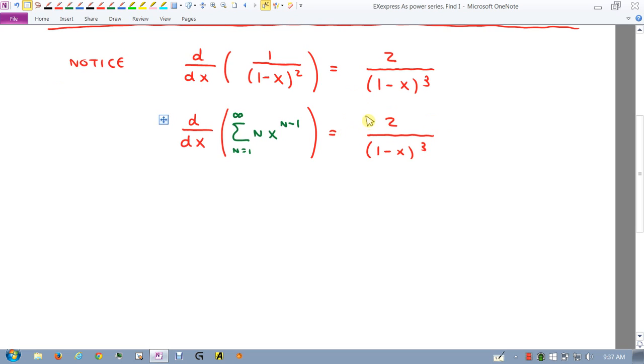So I'm trying to rewrite this as a power series, and I know right now that it is exactly equal to the derivative of this power series. And what is the derivative of this power series? So how do you take the derivative of a power series? What do you want to do?